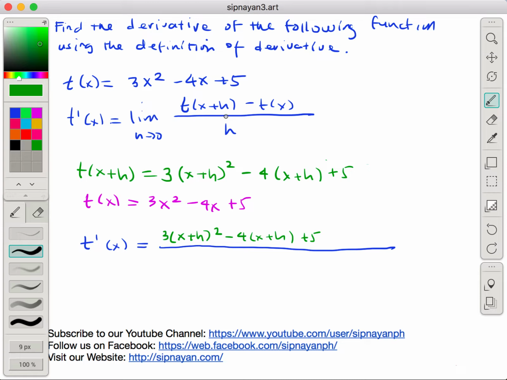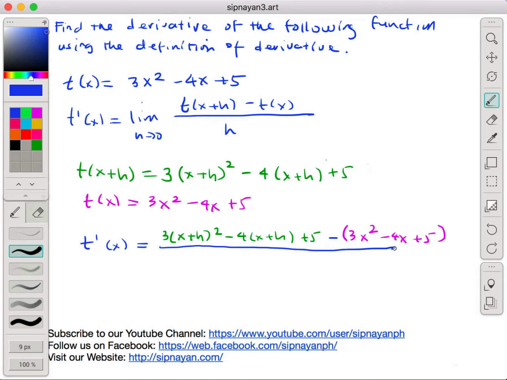And then, minus t of x. Ang t of x natin ito, di ba? So, pwede na rin natin ilagay 3x squared minus 4x plus 5. Pero dapat naka-parenthesis yan kasi we are subtracting the entire expression, kasi magbabago ng signs yan later.